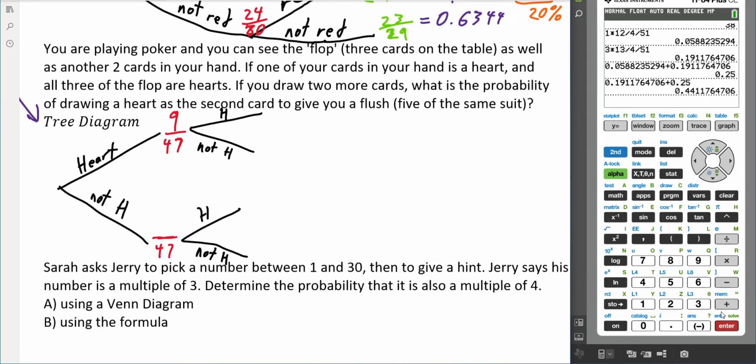Okay, so that also means that we have 38 non-hearts left.